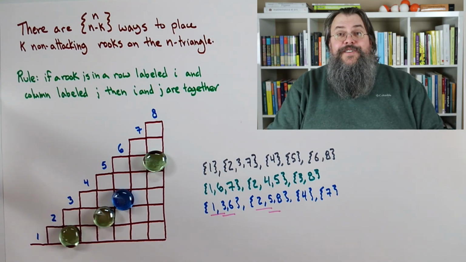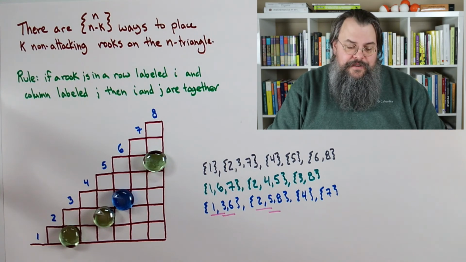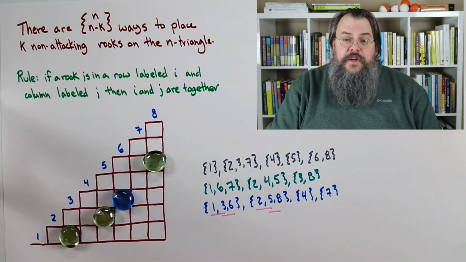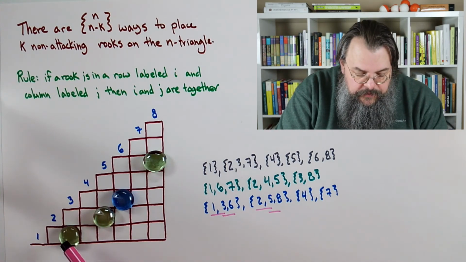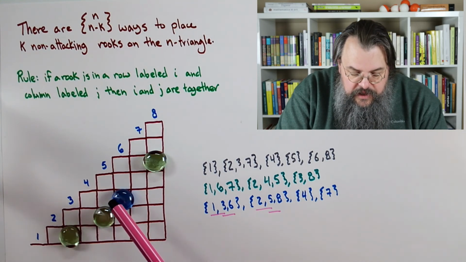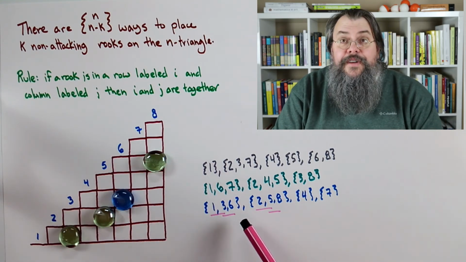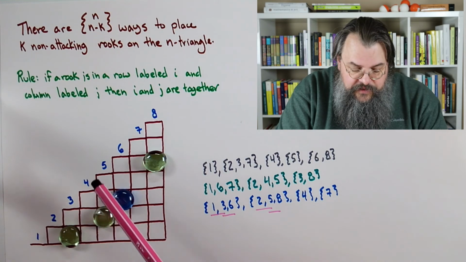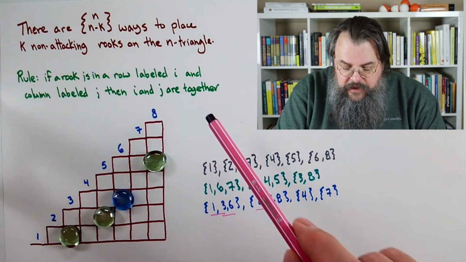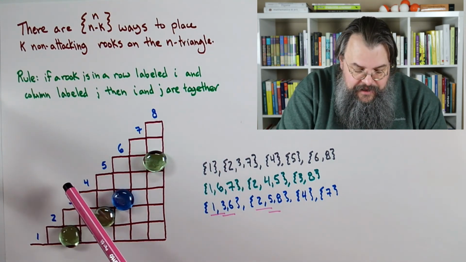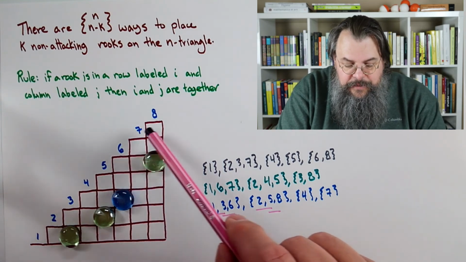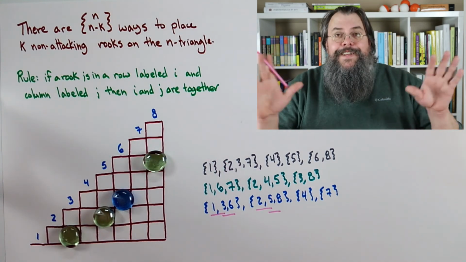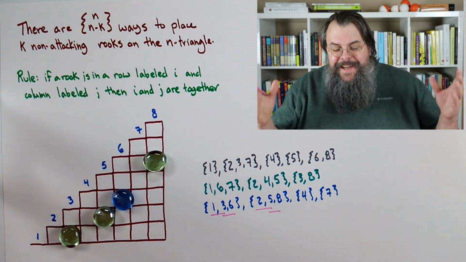So we don't need to put any rooks down. And they'll take care of themselves. And now, if you do the same procedure, follow it through, you'll see 1 goes to 3, 3 goes to 6, 6 goes out, 1, 3, 6. 2 goes to 5, 5 goes to 8, we're out, 2, 5, 8. Nothing with 4, nothing with 7. And it's done.